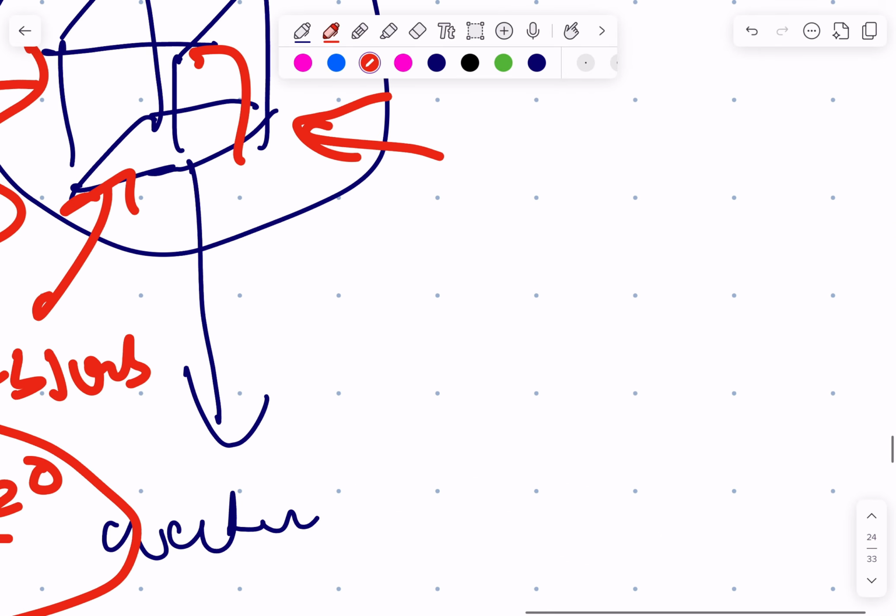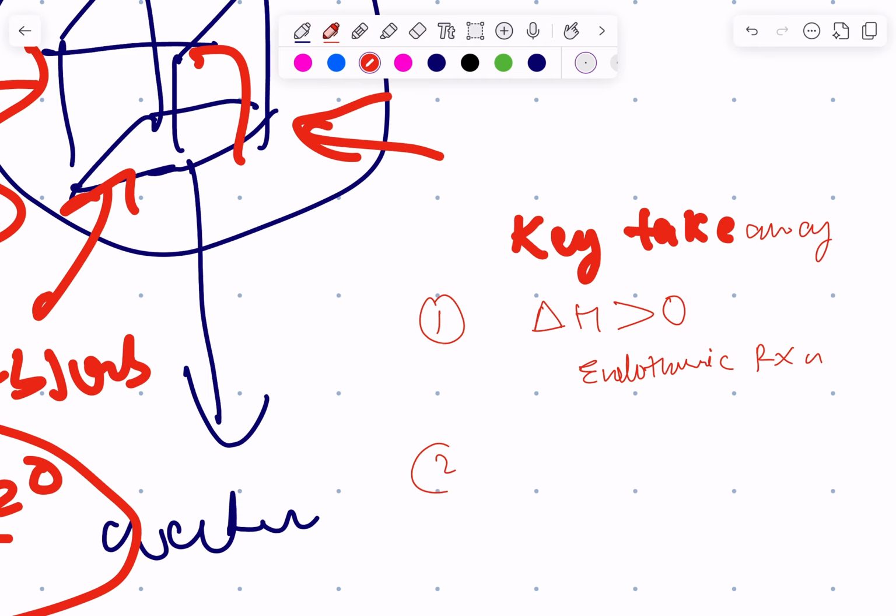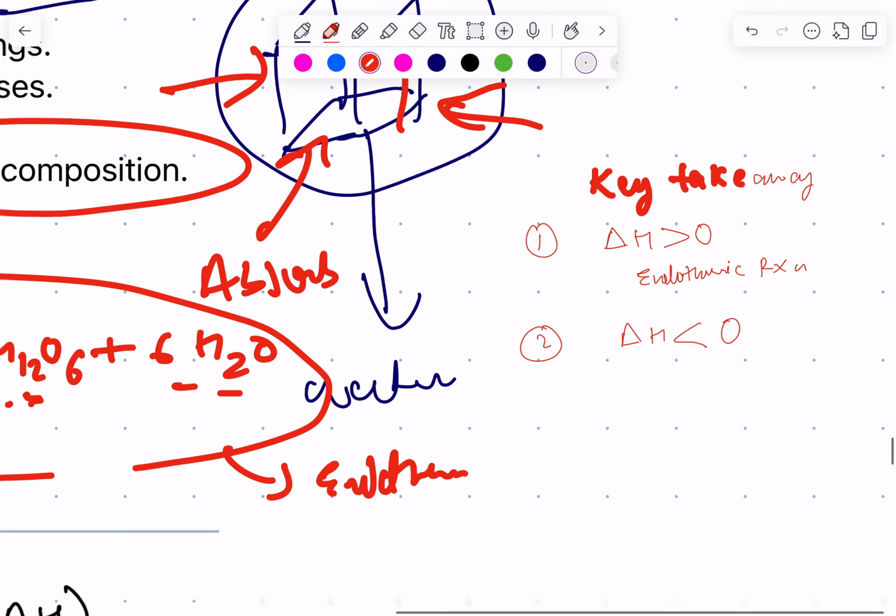The key takeaway from what I have taught is delta H: if it is greater than 0, it is an endothermic reaction, and if delta H is less than 0, then it is an exothermic reaction.